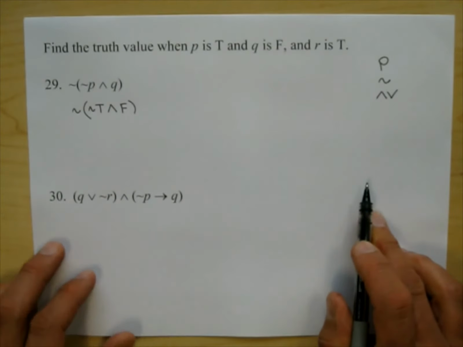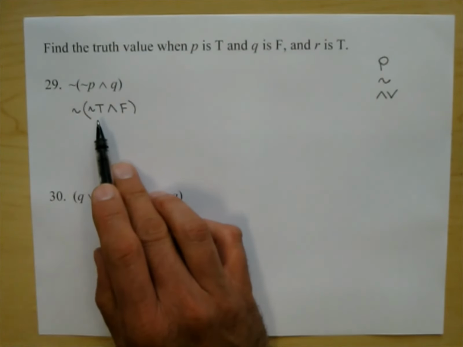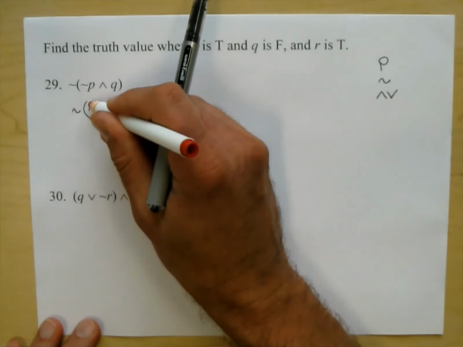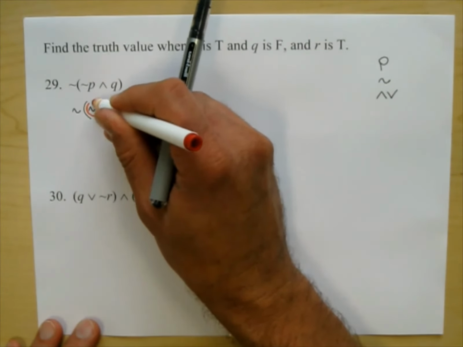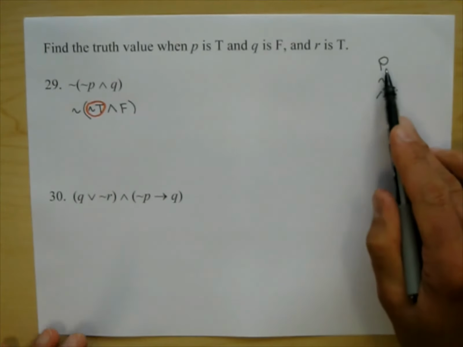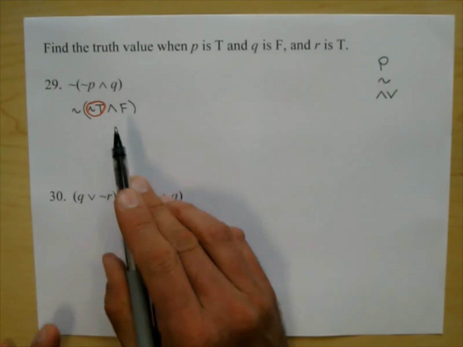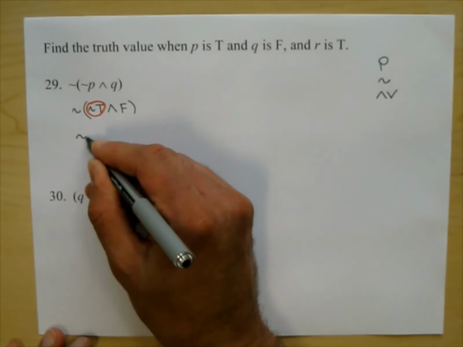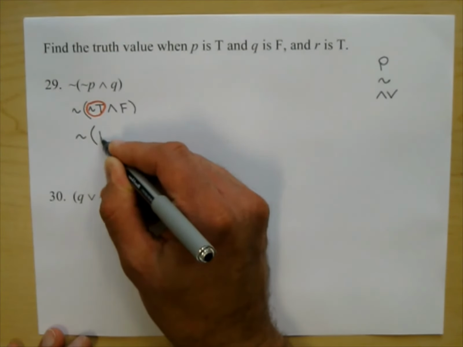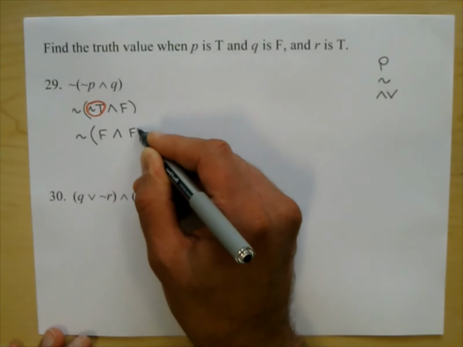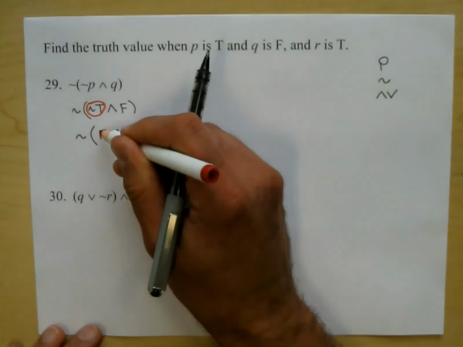That's how we're doing it in this class. So the next thing I want to do is negation. I want to do this one right here, negation true, because inside the parentheses negation is stronger than and. Negation true is false, and false. Okay, so that's what I have right here.